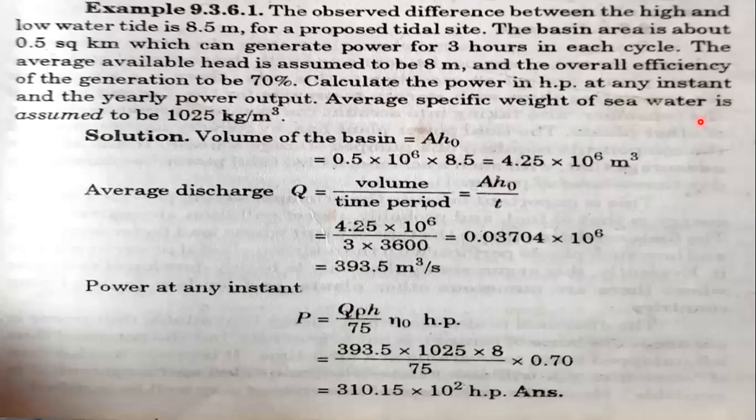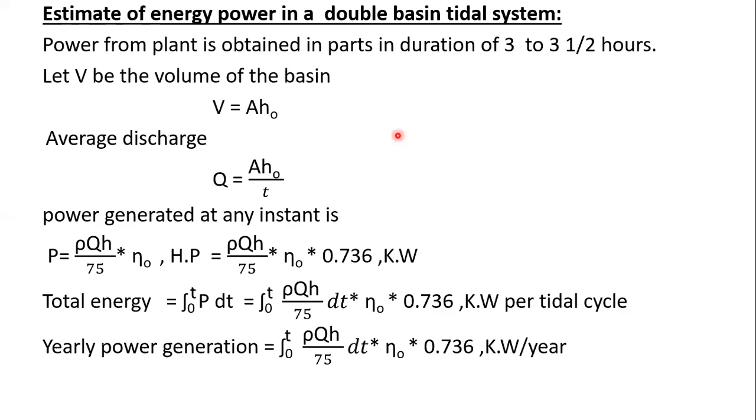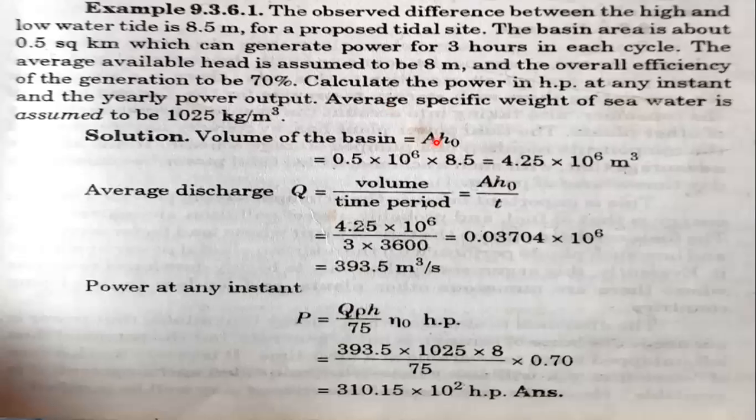So the first one, a tidal power plant: the observed difference between the high and low water tide is 8.5 meters. So the difference between the maximum and minimum limit of water tide is 8.5 meters.